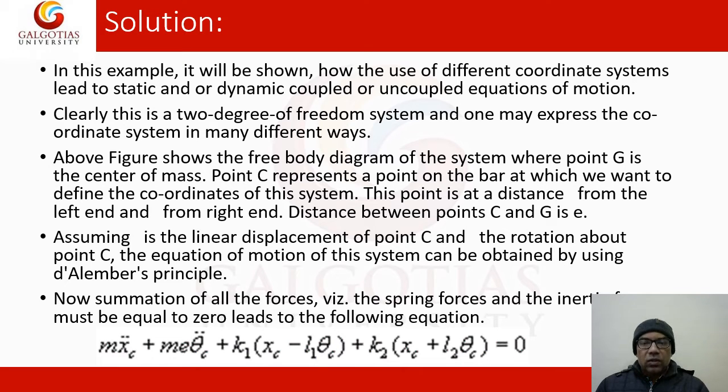This point is at a distance from the left end and from the right end, and the distance between points G and C will be e. So assuming linear displacement of point C and rotation about point C, the equation of motion of this system can be obtained by using the Lagrange principle, which has already been explained in the previous slide.